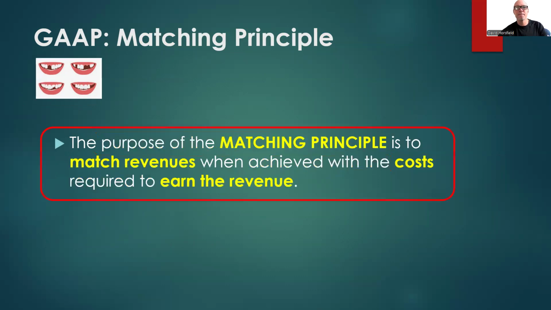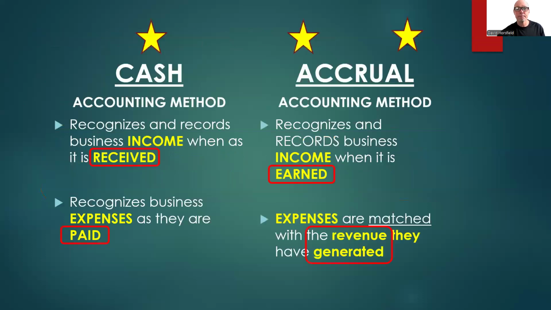The purpose of the matching principle is to match revenues with the costs it took to generate those revenues. We're selling lemonade, so we want to match the revenue for the lemonade with the cost of the cups and the lemons and the sugar and everything else that goes into our lemonade.